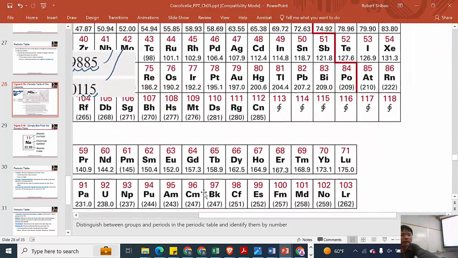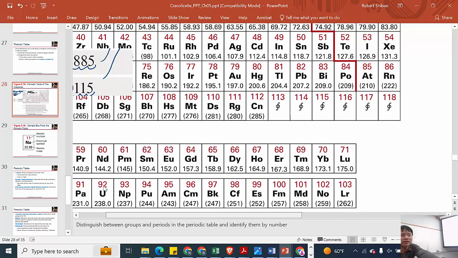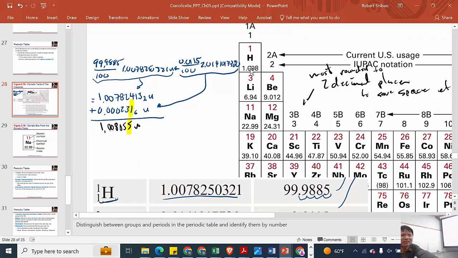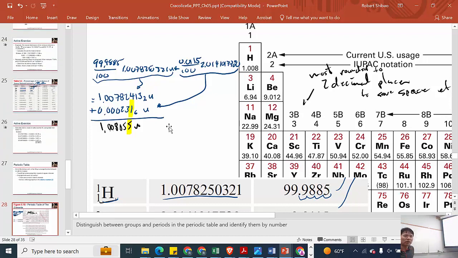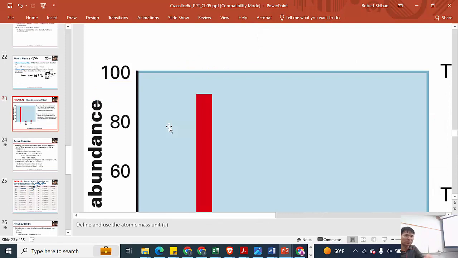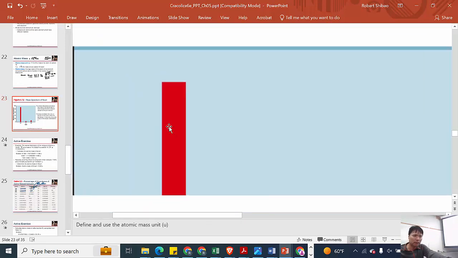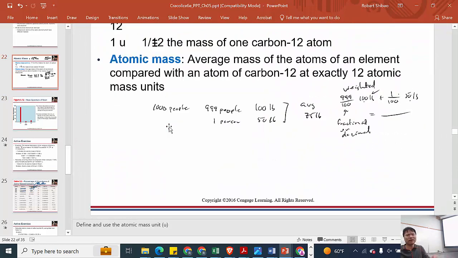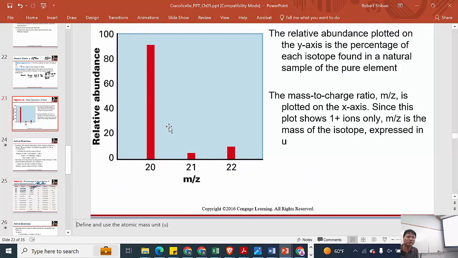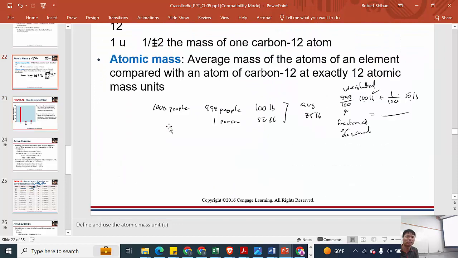All right, when we look at this, it doesn't tell us how many isotopes there are. When you look at this number, it's just the average of all the isotopes. How do we know how many isotopes there are, and what the masses of those isotopes are? How we know that information is by measuring it. We have an instrument that measures this, called the mass spectrometer.